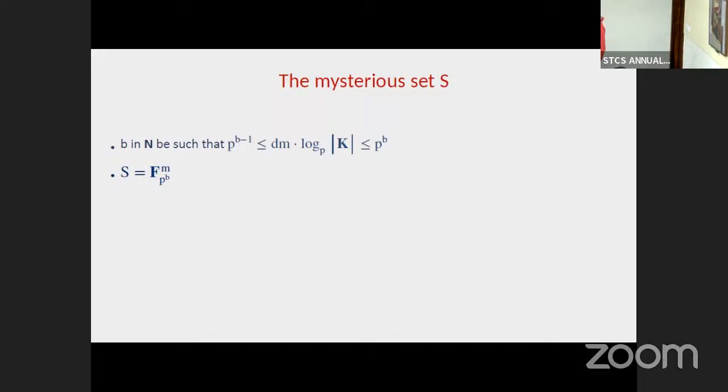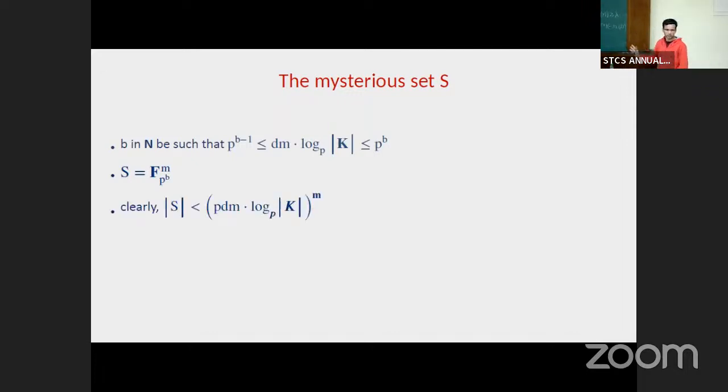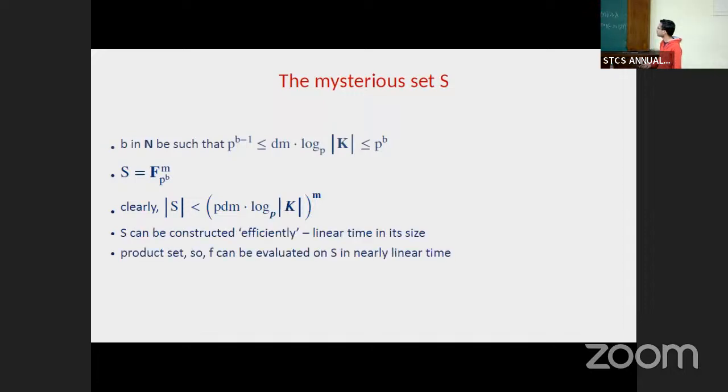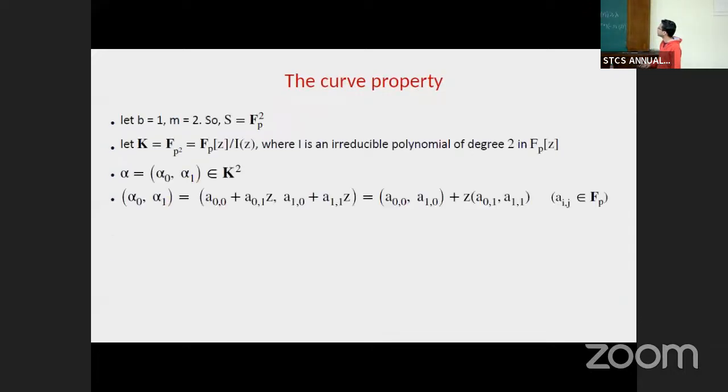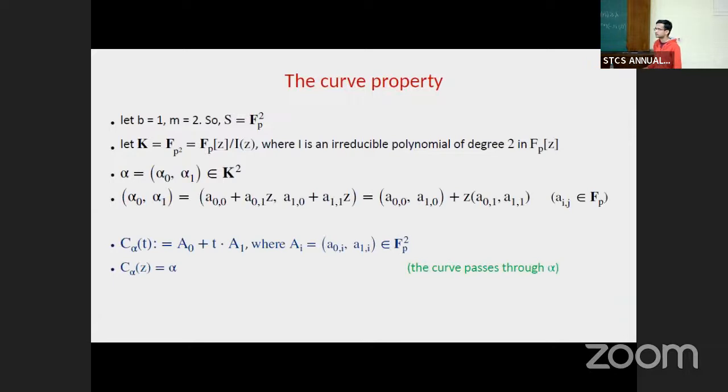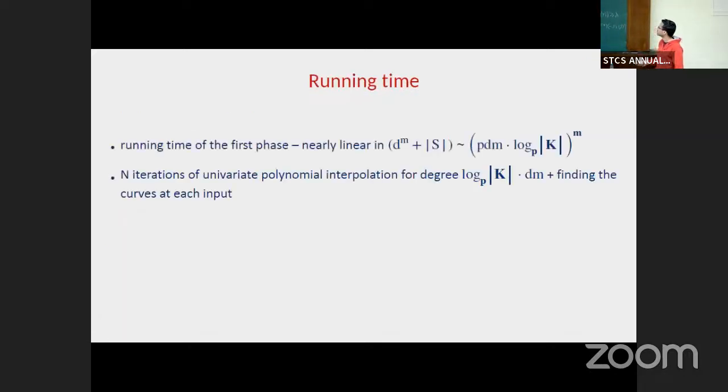I'm going to pick B such that F2 to the B is of the right size, whatever that is, and I'm going to look at F2 to the B to the N. That's my set. Why does it have the curve property? It requires some work, but it does. You work with an appropriate extension.